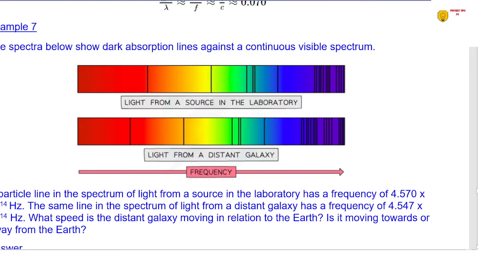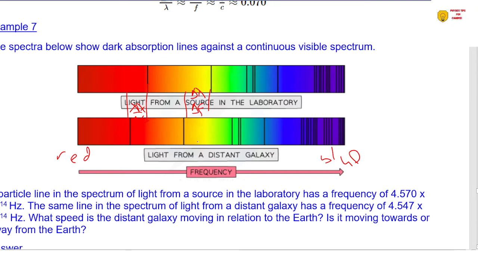Now this time our red is over there and our blue is over there. So we can say that this is our delta lambda or delta f. Okay, so that's the same thing there. So that will be our delta f or delta lambda over there.